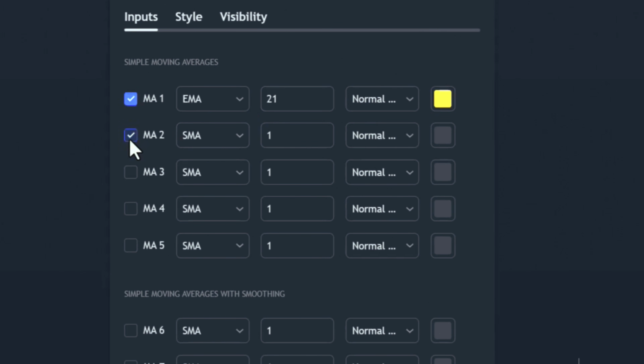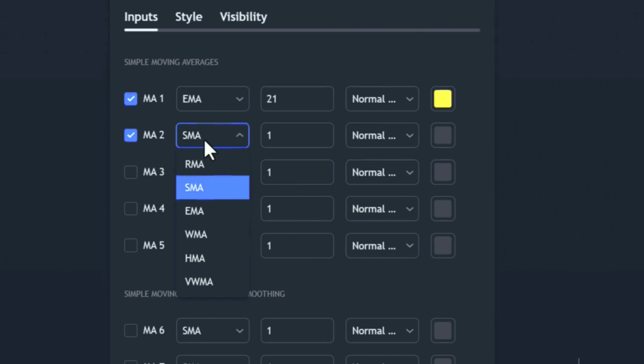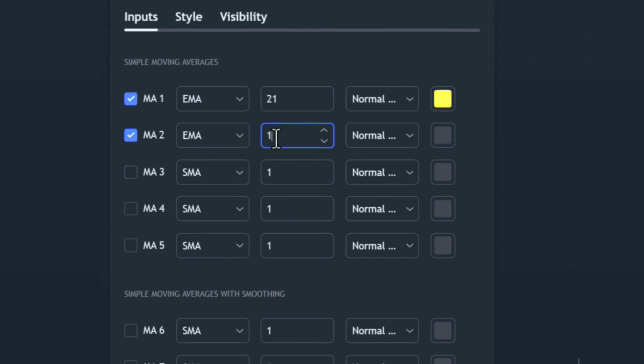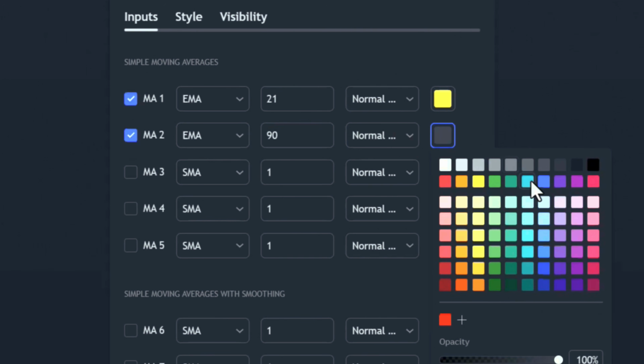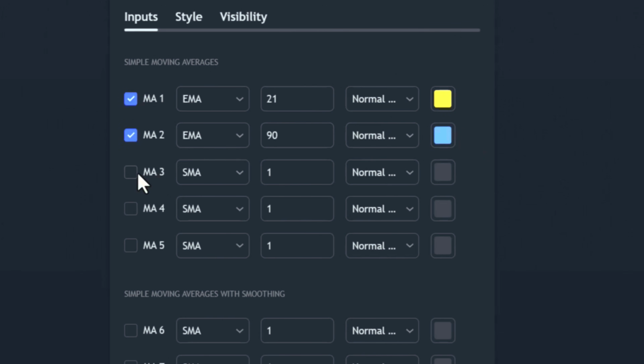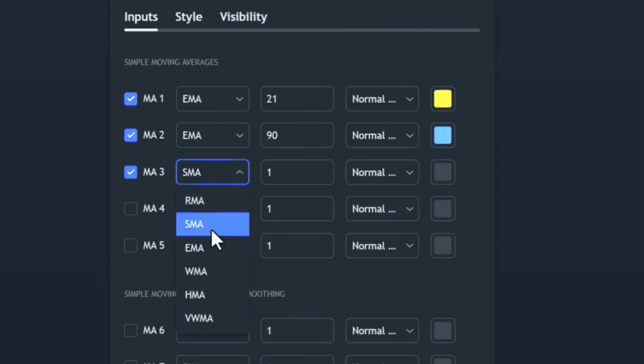Next, enable the second option. Switch its type to EMA, then set the period to 90 and choose the color that you like. Then enable the third option, select EMA as the type and set the period to 200.